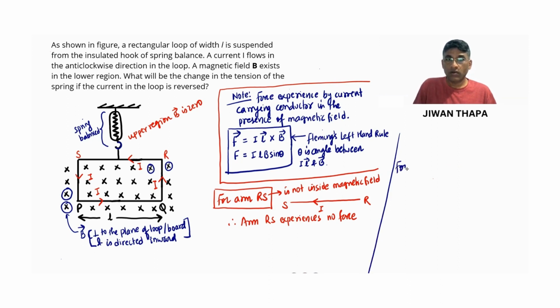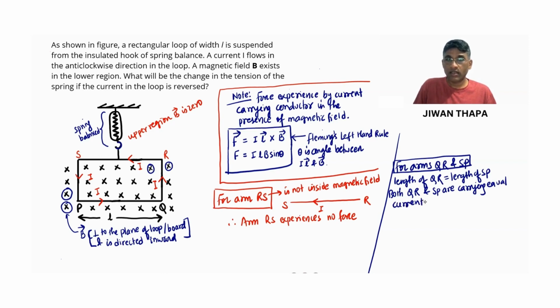Now for arms QR and SP, what do we find? We find the length of QR equals the length of SP, and both QR and SP are carrying equal current.